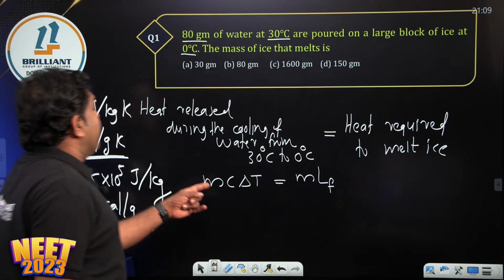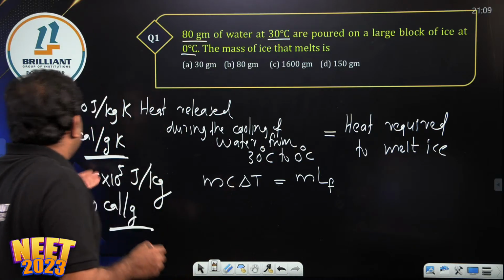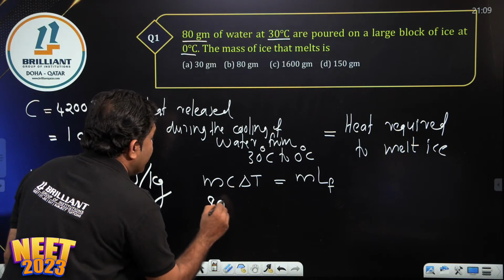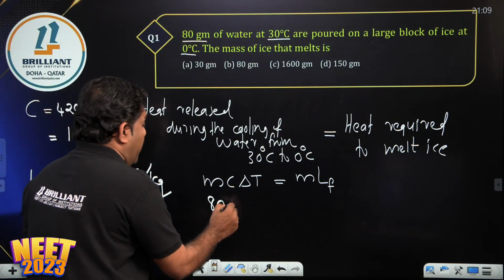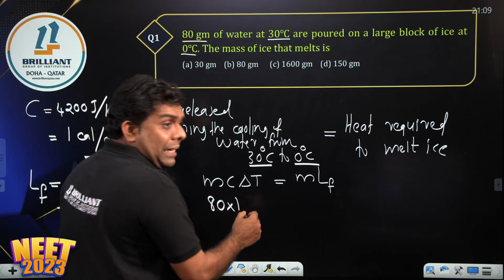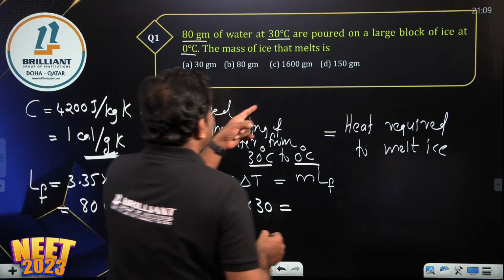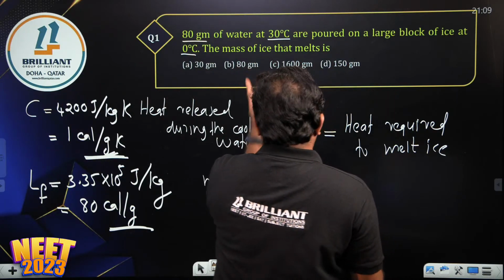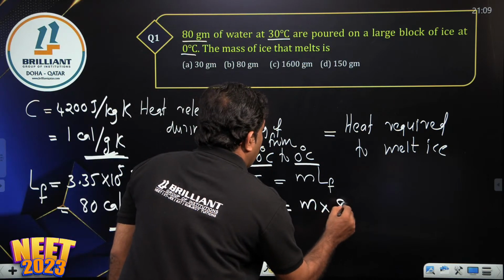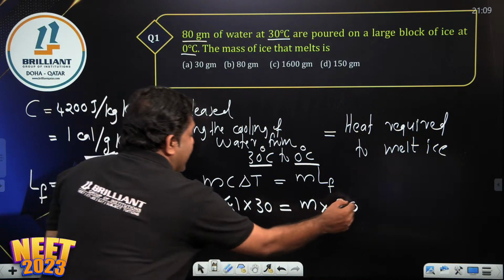Now we can substitute the values. M is 80. It's better to use gram here. So 80, C in calorie is 1, and the change in temperature is 30 to 0, so into 30 is equal to M into L_F, where M is the mass of ice melting, which I don't know, and L_F is 80. The 80 and 80 cancel.